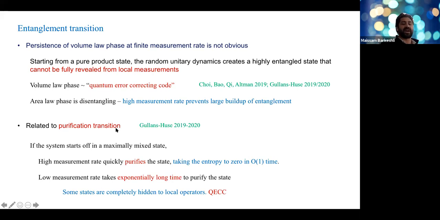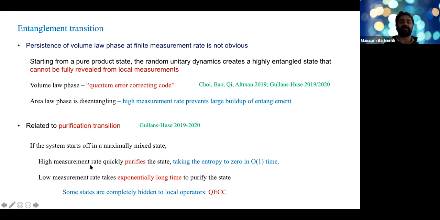So here you imagine, instead of starting off with the system in some pure state and then looking at what the entanglement entropy is, whether it's volume law or area law, you start off the system in a maximally mixed state. And then you ask how quickly the measurements purify the system so that the entropy of this mixed state goes to 0.